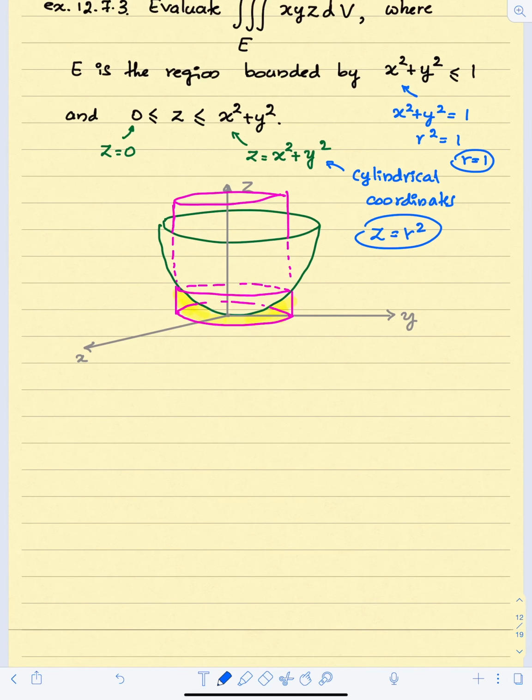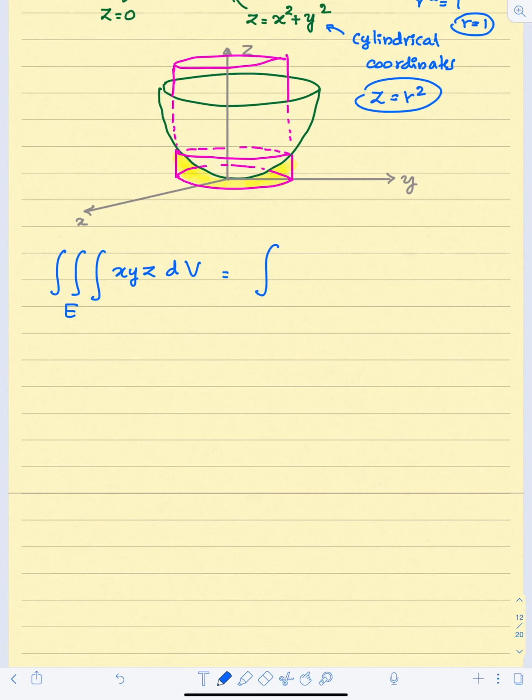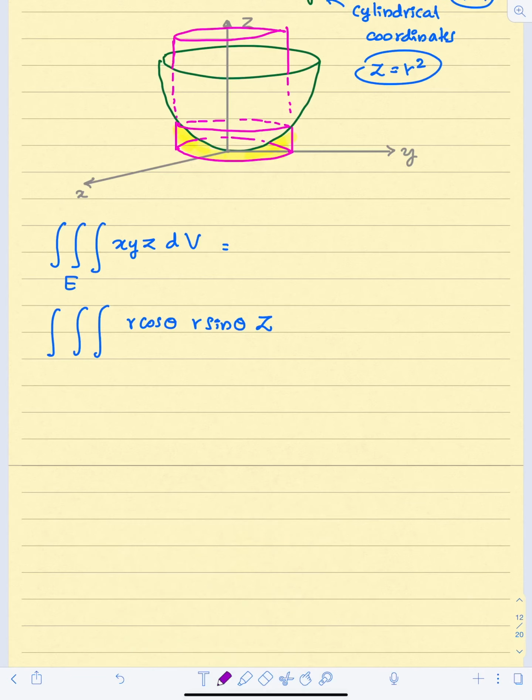Now the given triple integral becomes this, and so we have a triple integral. In cylindrical coordinate system, x is r cosine theta, y is r sine theta, z is z, and dV, the volume element, equals r dz dr d theta.